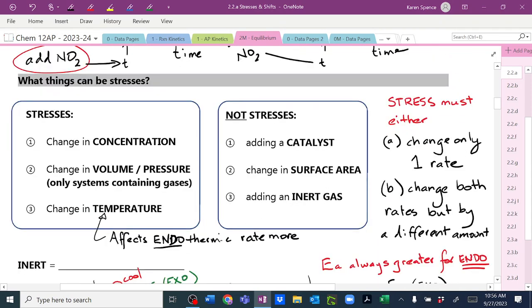Okay, now things that are not stresses. Adding a catalyst, it speeds up both reactions equally. Speeds forward and reverse equally.